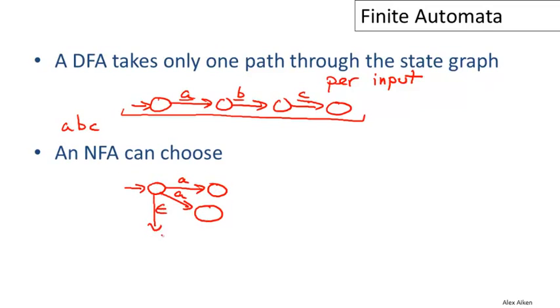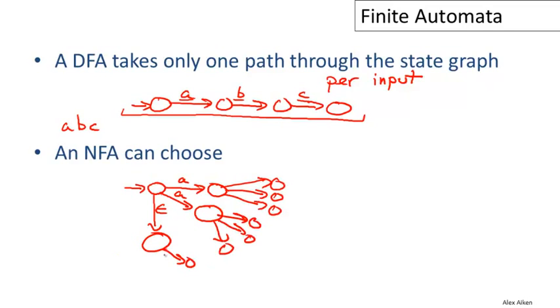And again, there might also be epsilon transitions. And so what happens with non-deterministic automata is that in general, as they proceed through the state graph, as they execute on the input, they could wind up in any number of different states. Okay? And the rule with a non-deterministic automaton about when it accepts is that it accepts if any path accepts.